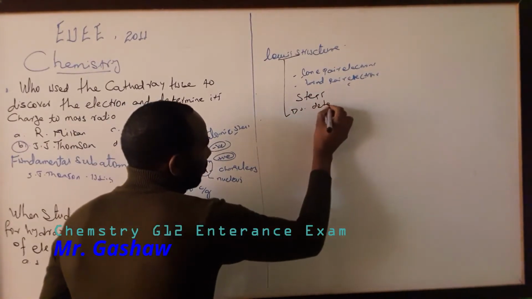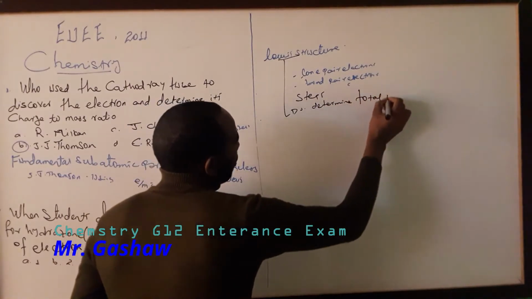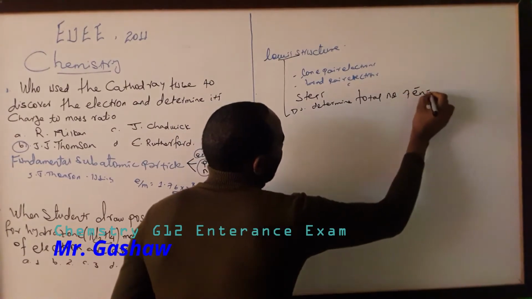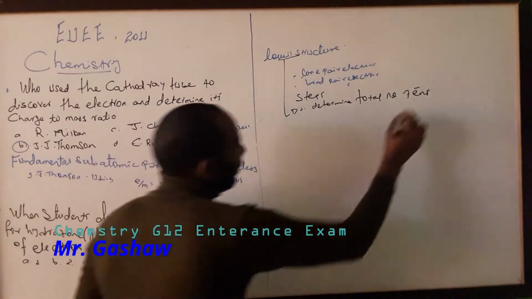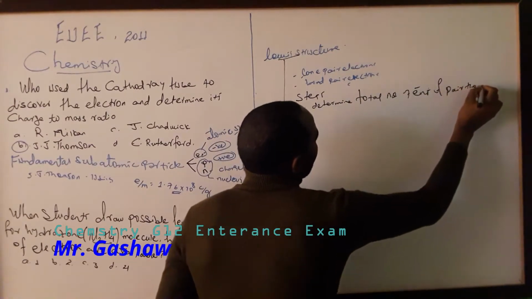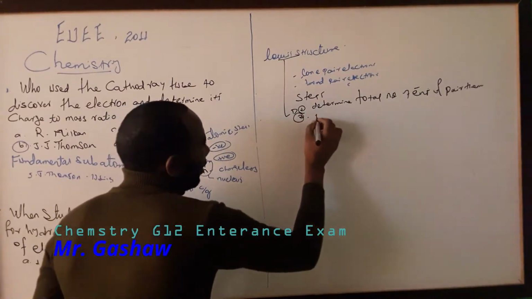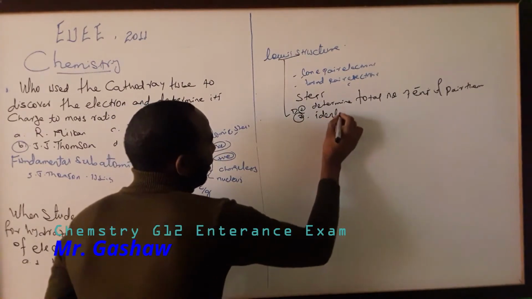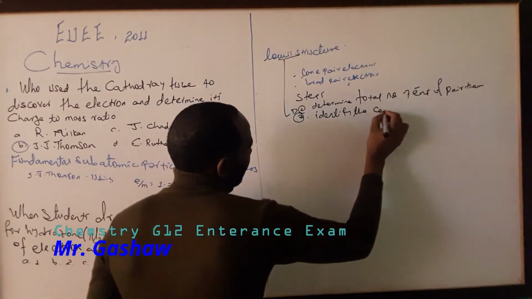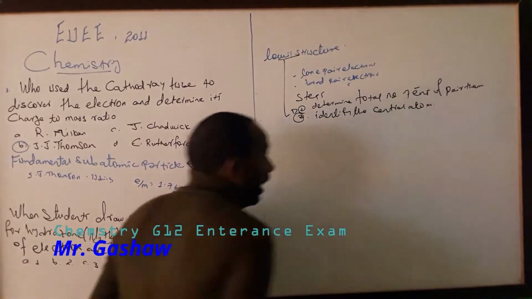The first step is to determine the total number of electrons and pair them. The second step is to identify the central atom.